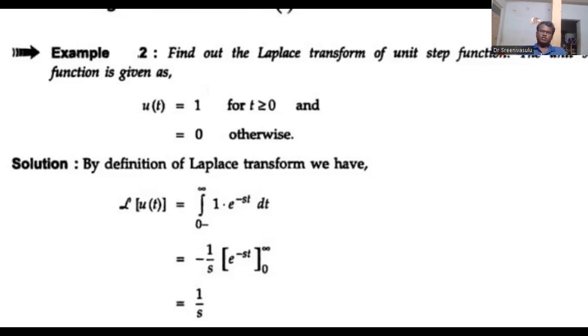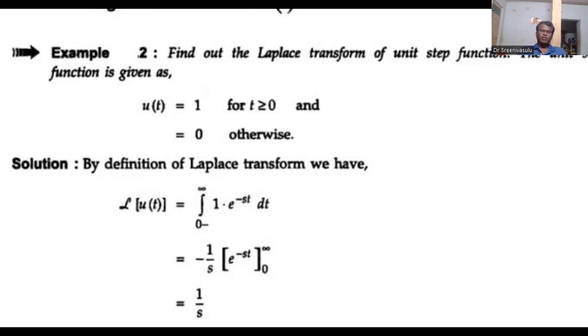It is like a step, a staircase: from minus infinity to time t equal to 0, the amplitude is 0, and from 0 to infinity, the amplitude is 1.